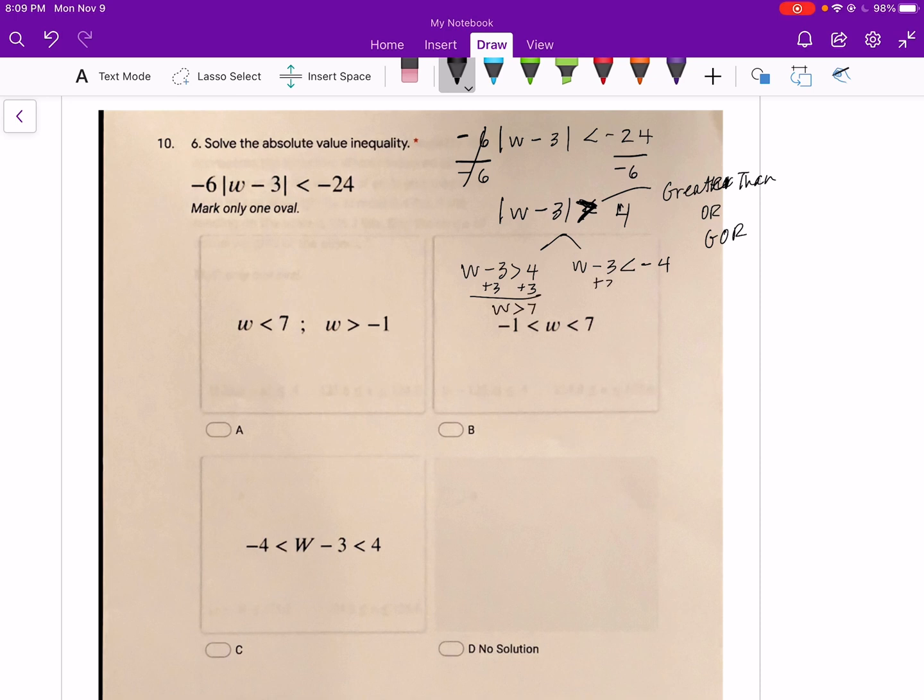I'm going to add 3 to both sides, and W is less than -1. So let's see, W is greater than 7, W is less than -1, and it looks like there is not an answer here, so the correct answer would be D, no solution.